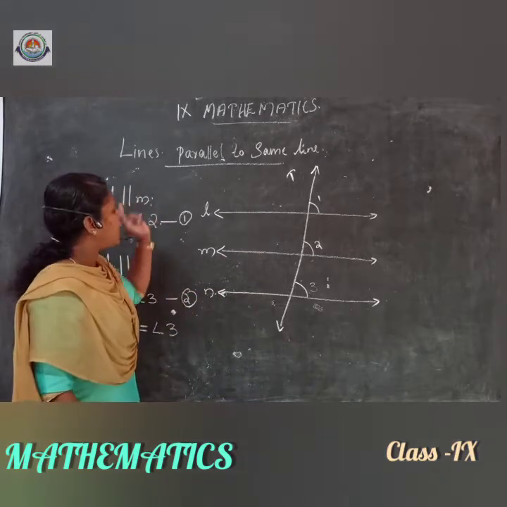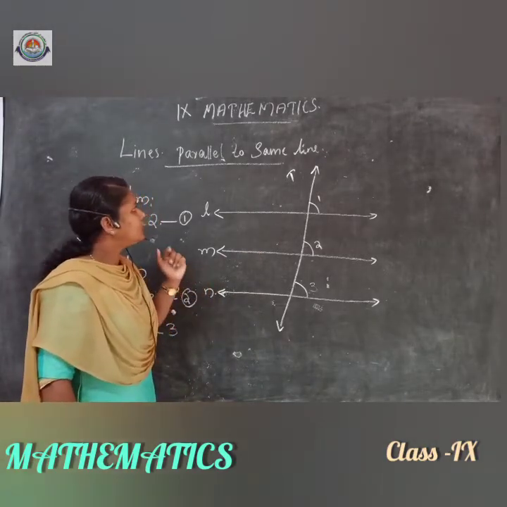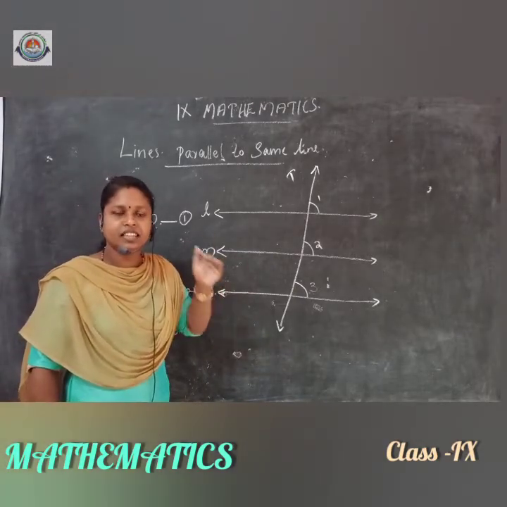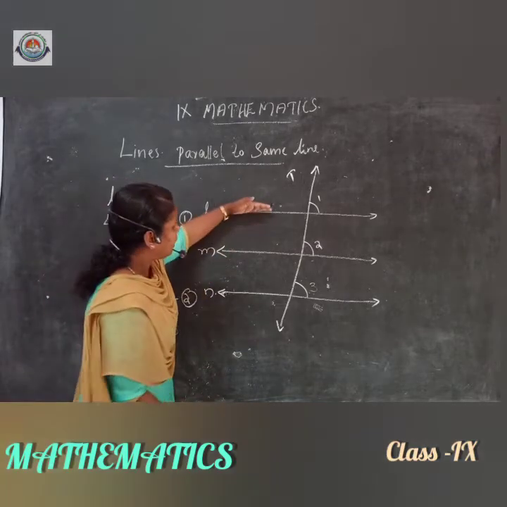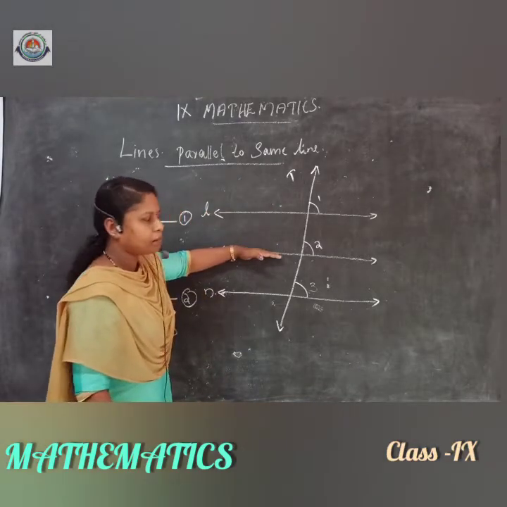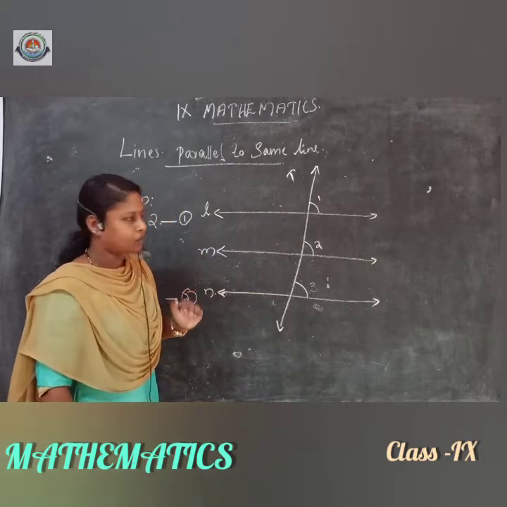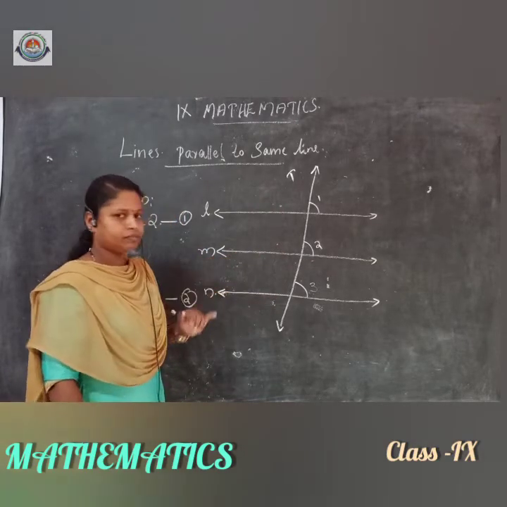That is, lines parallel to the same line are parallel. Here L is parallel to M and L is also parallel to N. Therefore, M and N are parallel.